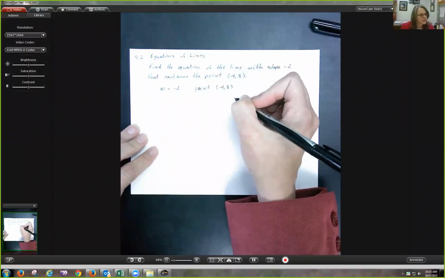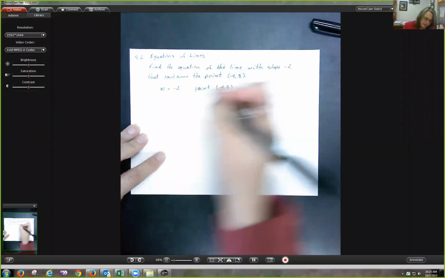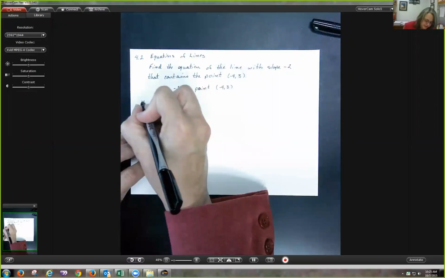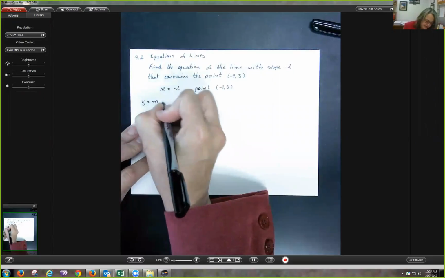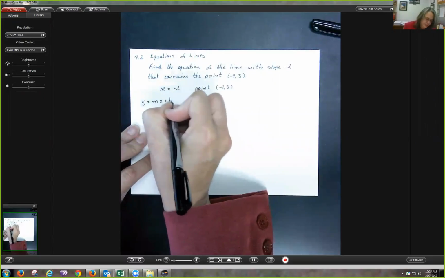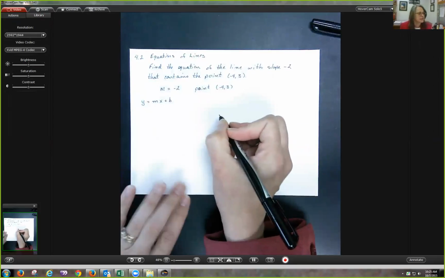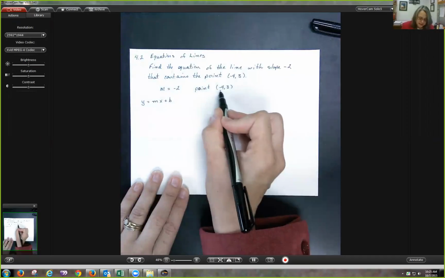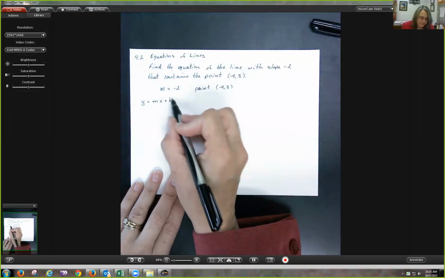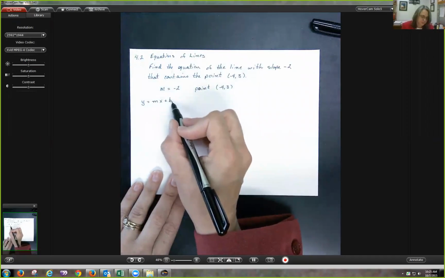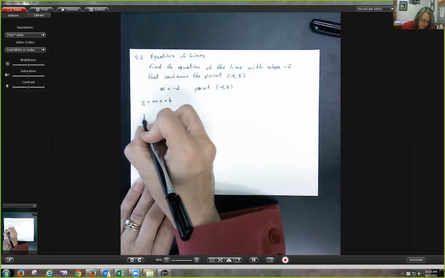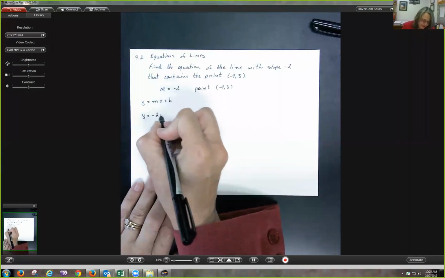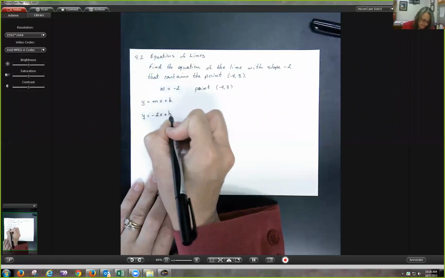All right, the first way we can do this problem is just with our good old friend, the slope-intercept form of the equation. Now, the thing we have to be careful with is that we need to remember what b is. We know the slope is -2. That's easy.